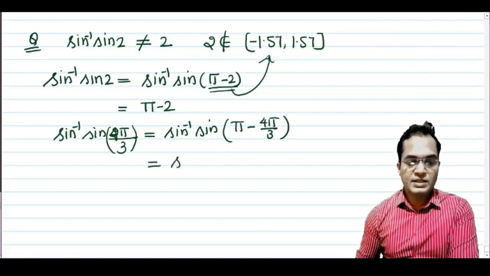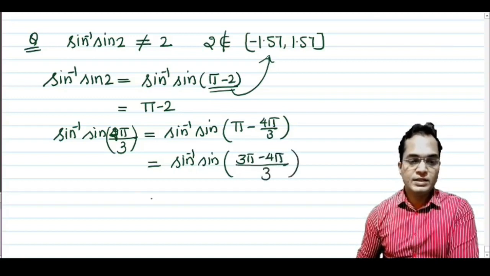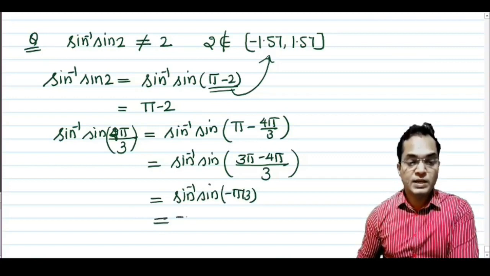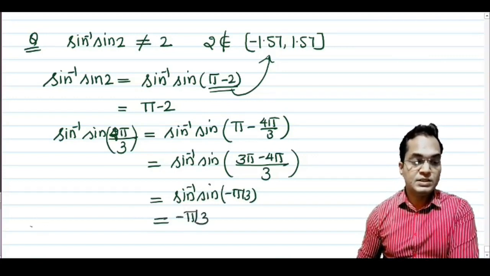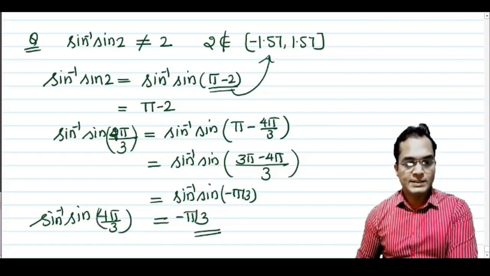We solve it taking the example. Taking the LCM, it is (3 pi minus 4 pi) upon 3, and this will become sine inverse sine of minus pi by 3. Yes or no? Then our answer will be minus pi by 3. It means sine inverse sine 4 pi by 3 will give the answer minus pi by 3. Got it? It is easy.